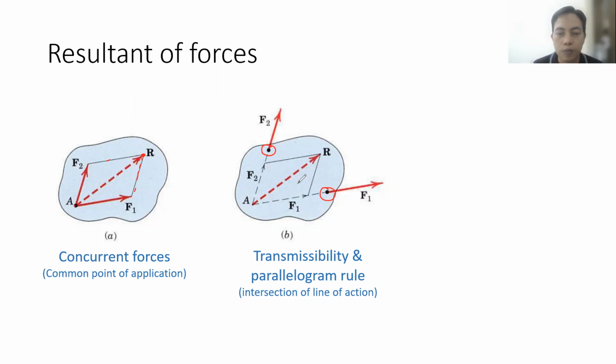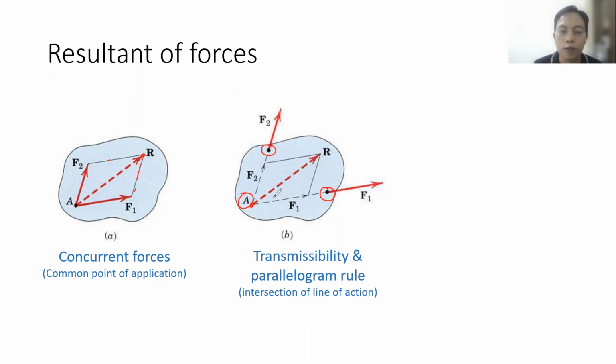Using the principle of transmissibility, we can extend the line of each vector, F1 and F2, so that they make an intersection. And to this intersection we give the name point A, which represents the common point of application of both vectors F1 and F2.